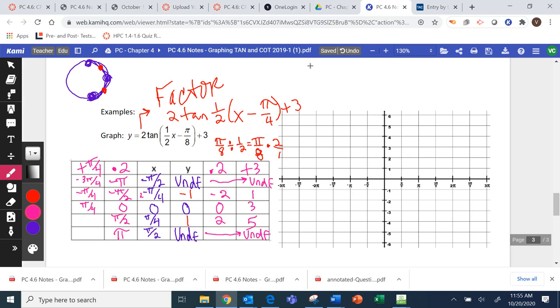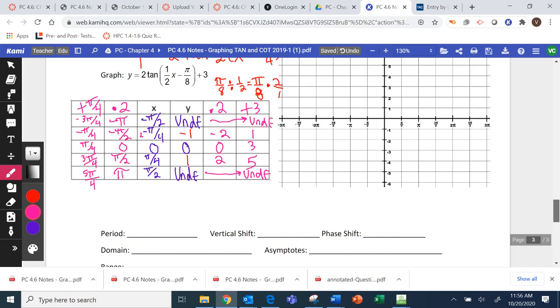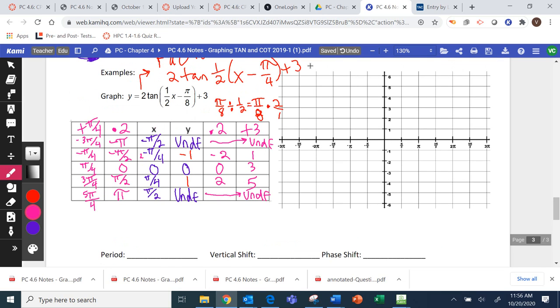And I'm counting by pi over 4s, so you could figure them out, or you could actually add them and find common denominator. 3 pi over 4, and then 5 pi over 4. So my first asymptote will be at negative 3 pi over 4.